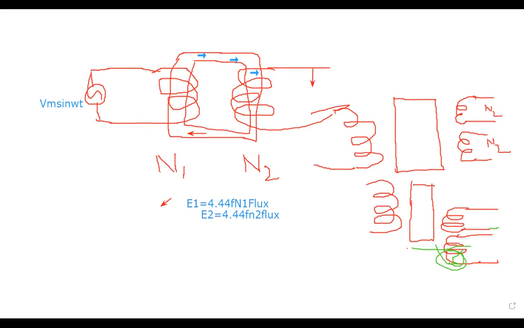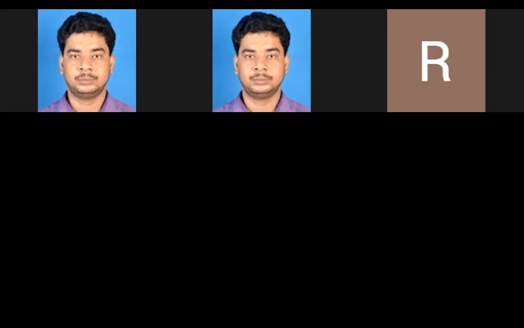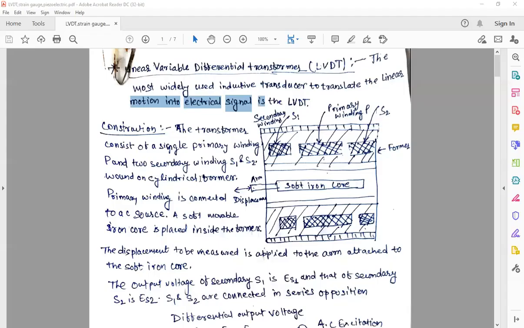So this theory is used in an LVDT. We have a primary winding and we have divided the secondary winding into equal numbers of turns, and in this LVDT the transformer core is movable. The movement of the core is measured as a displacement of the core, and that affects the secondary winding voltage.